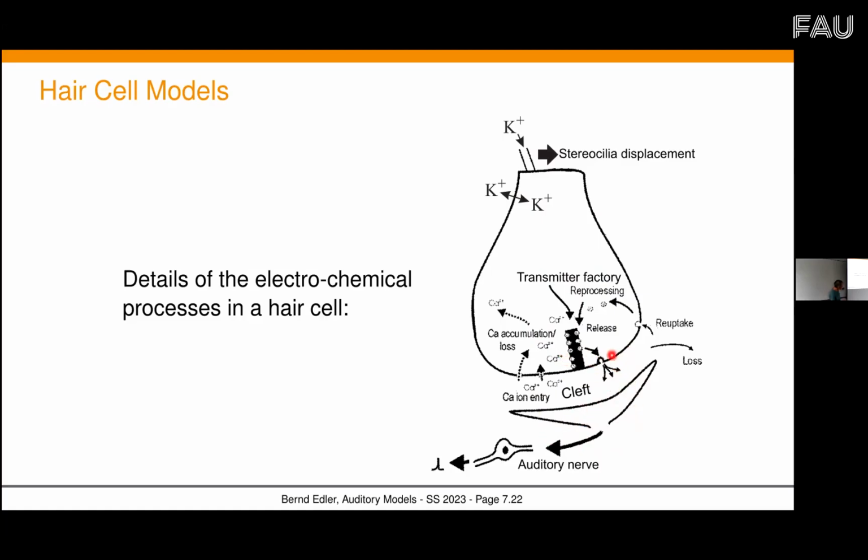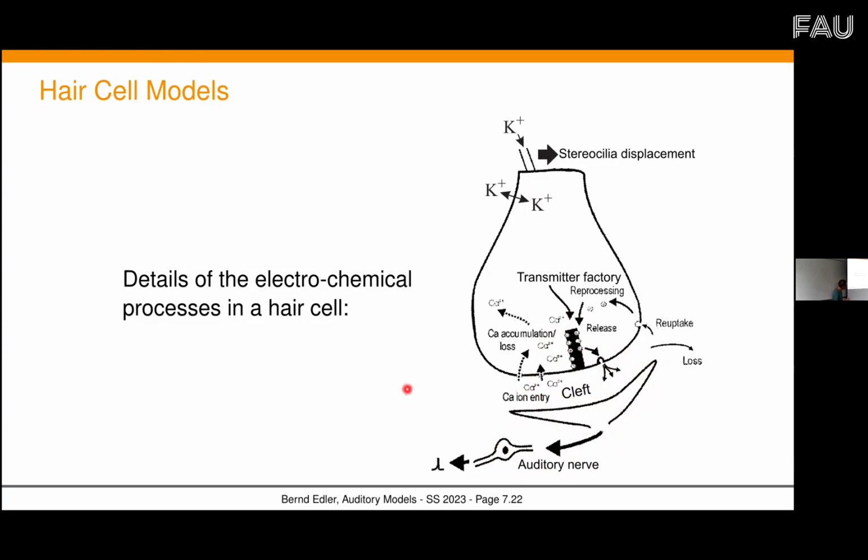And so there would be neurotransmitters emitted from the hair cell, and when they reach this connection of the auditory nerve fiber, if there are enough of them, they would then generate a spike or an action potential.